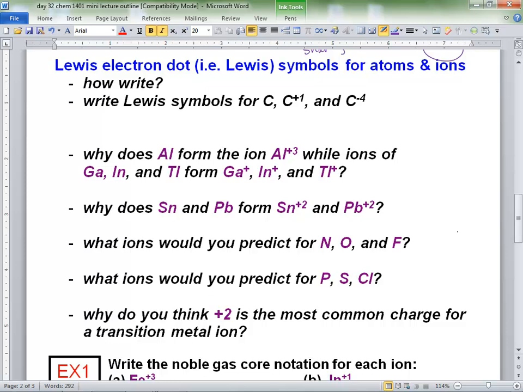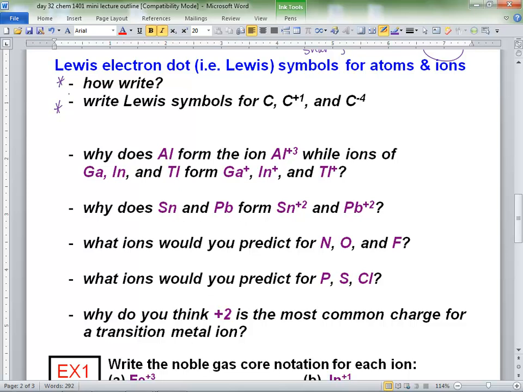Okay, Lewis electron dot symbols for atoms and ions. We already kind of talked about how you write them, so let's go ahead and write a few. Let's write the Lewis symbol, Jonathan, for carbon. How would you write the Lewis symbol for carbon? Right.